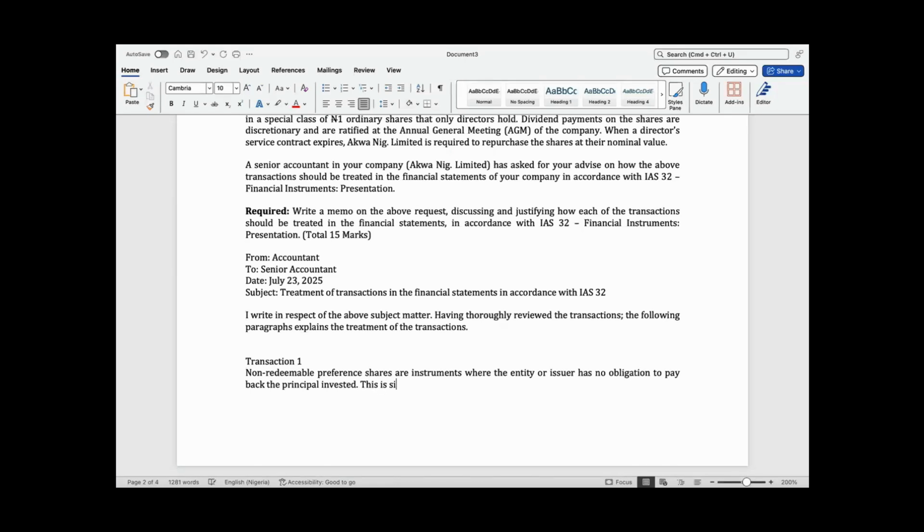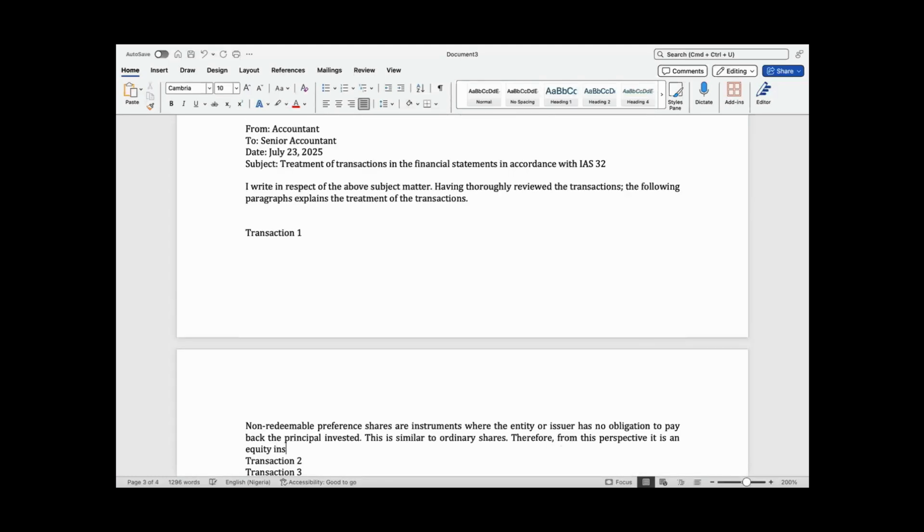This is similar to ordinary shares. Therefore, from this perspective, it is an equity instrument.